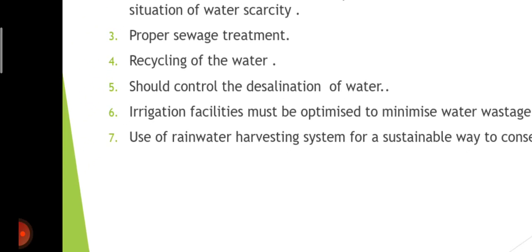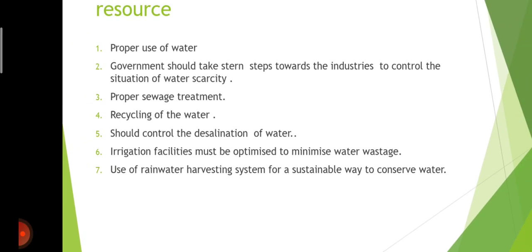Irrigation facilities must be optimized to minimize water wastage. Use the rainwater harvesting system as a sustainable way to conserve water. What is the rainwater harvesting system? In it, we collect rainwater, second rainwater, because it is known as the purest form of water.